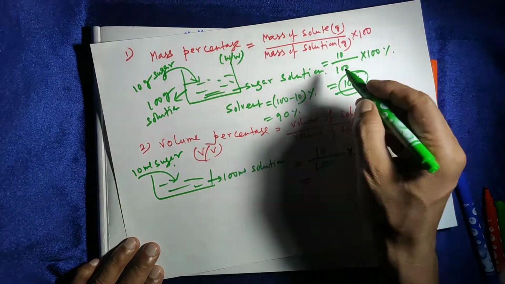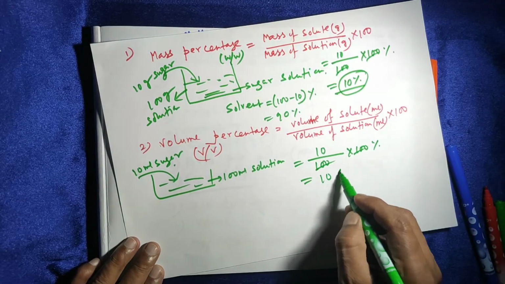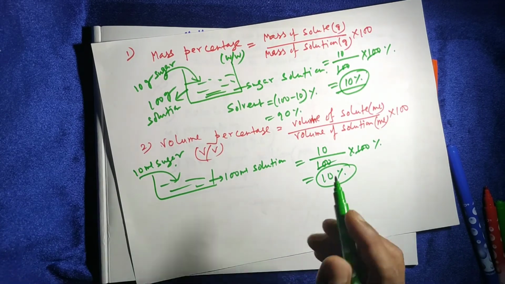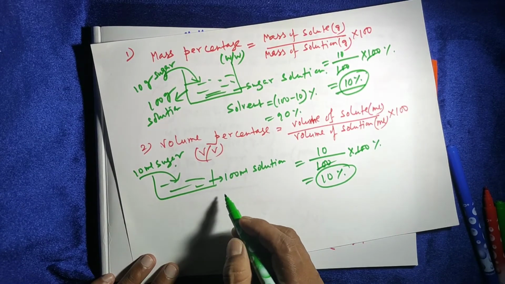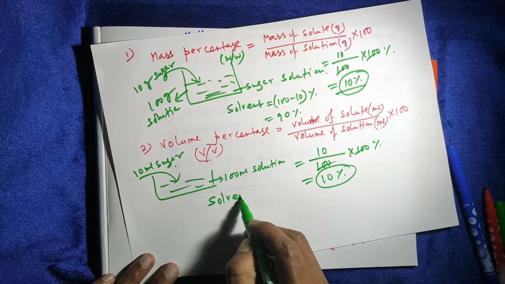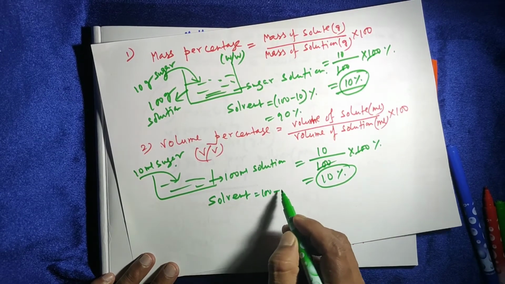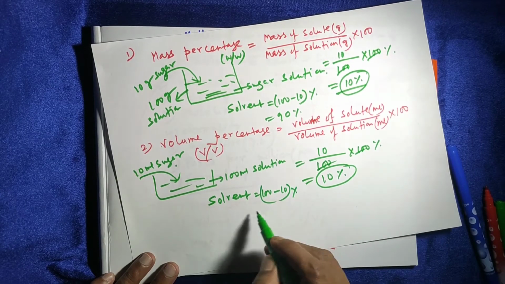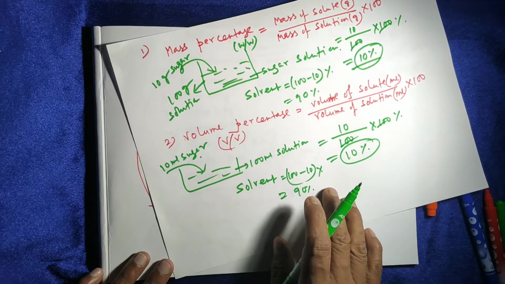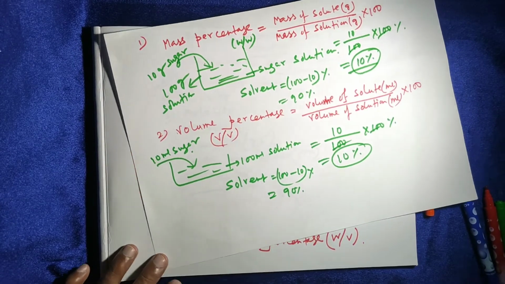So after cancellation, it will be 10%. So 10% sugar in this solution. The amount of solvent in this solution will be 100 minus 10%, which is 90%.